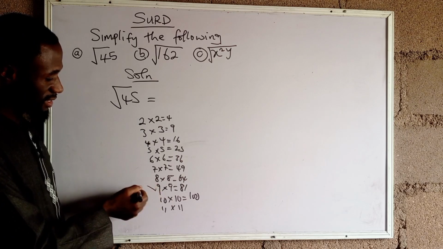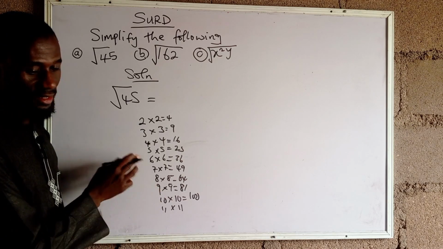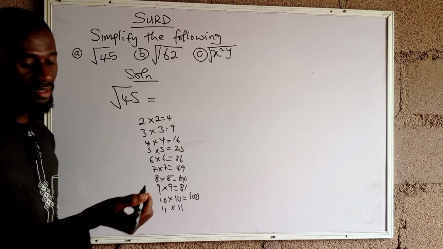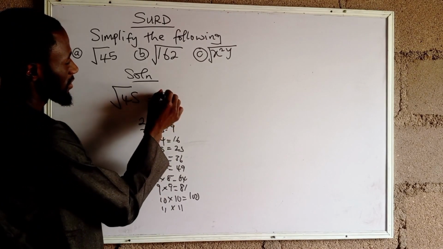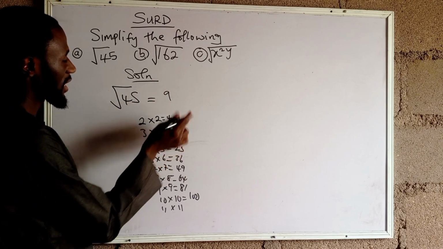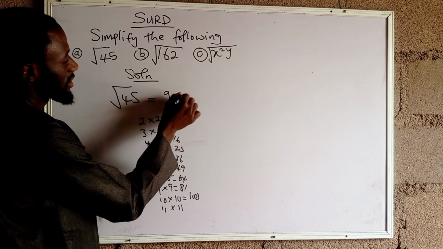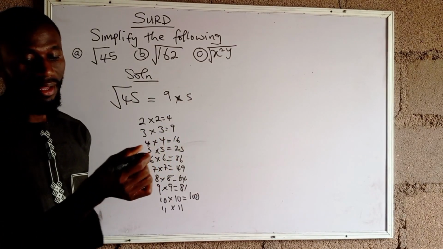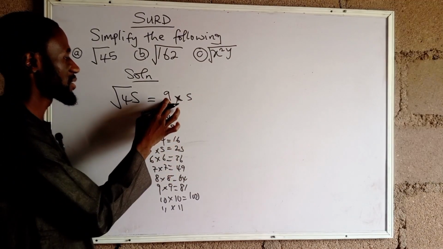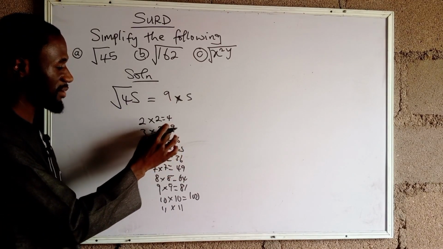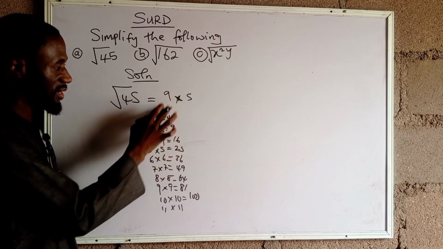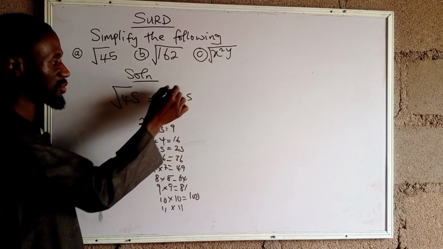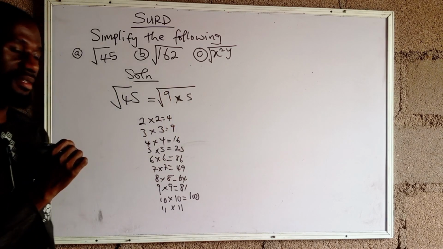Let's take 9, 9 times 5. 9 is a perfect square, it has a square root. Then 5 doesn't have a square root, isn't it?